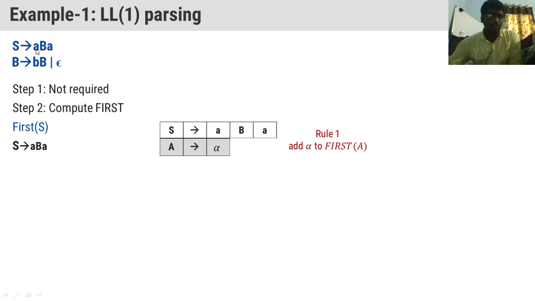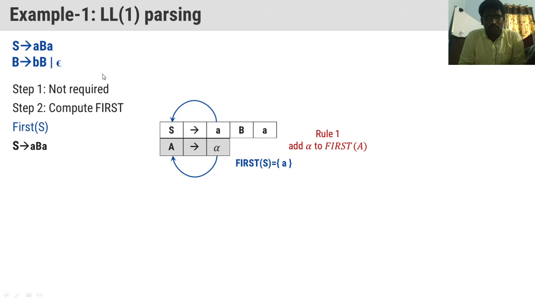Then automatically the first of S equal to small a only. I am trying to look at the first symbol of the production S. What is the first symbol of S here? Small a. That is why first of S equal to small a.